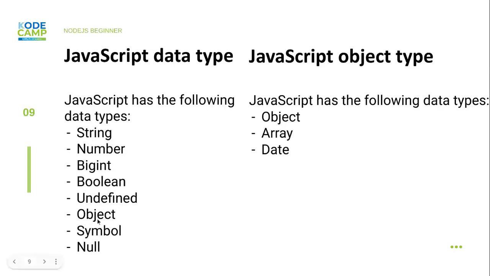Under object, object is a data type, and then we have object types. The object that is a data type has different types. So an array is a special kind of object. An object too is also a special kind of object. Date is also a special kind of object. I'll just talk about arrays and objects.